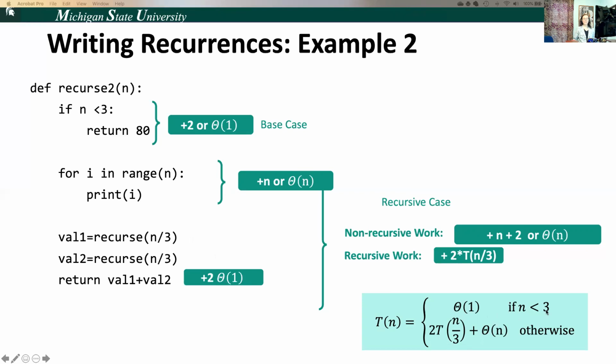If n is less than 3, constant operation, theta of 1. Otherwise, non-recursive work, theta of n, which is going to be important, you guys, because you're going to see this in merge sort that I'm about to go into, and then 2T(n over 3). Okay, so that is my equation to represent this recursion.